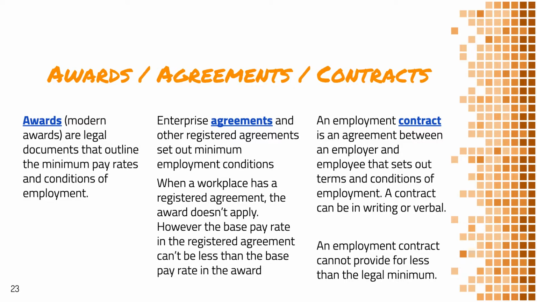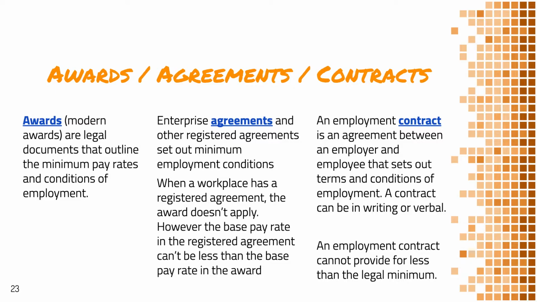Building up, next layer of the pyramid then, are agreements. Agreements are these additional documents, a legally binding document that sits above the award. This is where you agree to pay your employees more than the minimum. Awards tell you the minimum amount that you're entitled to as an employee.